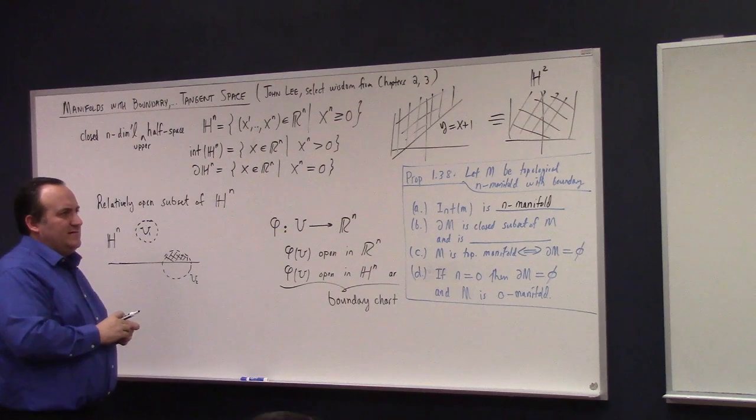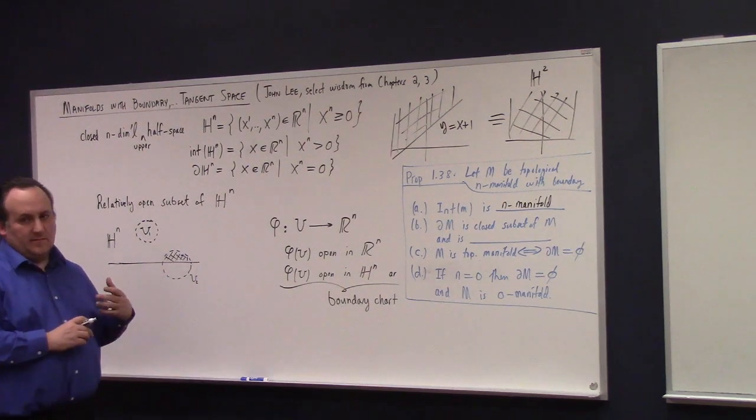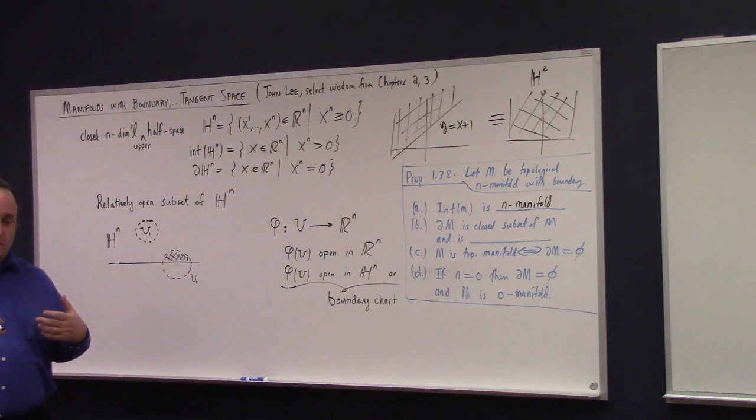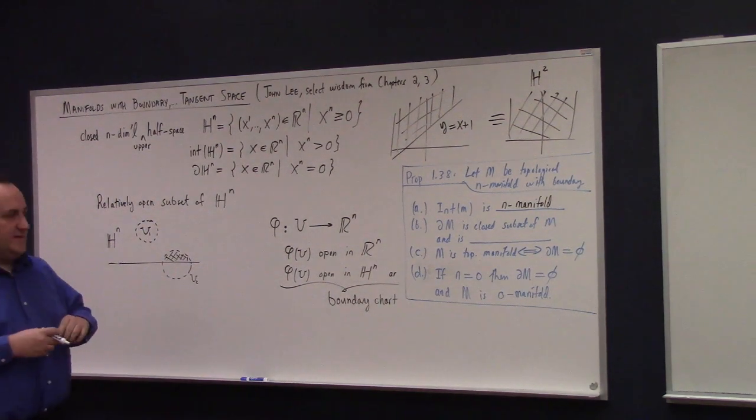And by that I mean it is locally homeomorphic to Rn everywhere. It is not true for a manifold with non-trivial boundary, right? If the boundary is not empty, then there are points in the manifold which are not homeomorphic to Rn, the points on the edge. So that's the answer here.